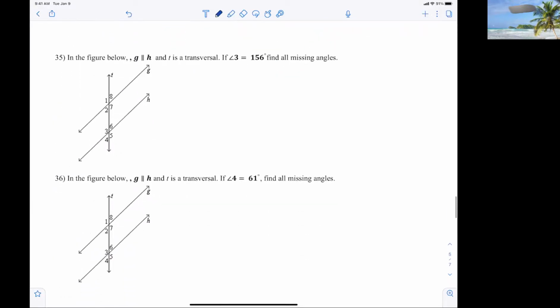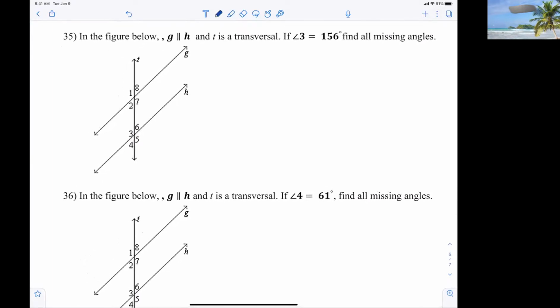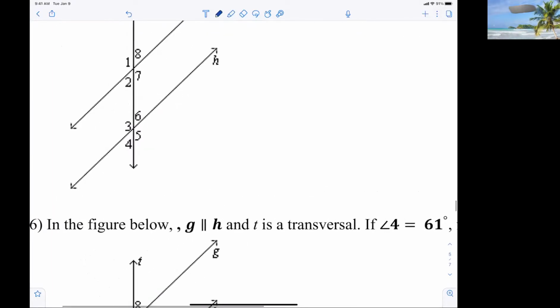Number 35, Cole. Yep. Now I'm going to give you less than 1 minute, and I want you to figure out the rest of the angles. Go. And as soon as you're done, you tell me. Figure them all out. Everyone should be figuring all the remaining angles out.